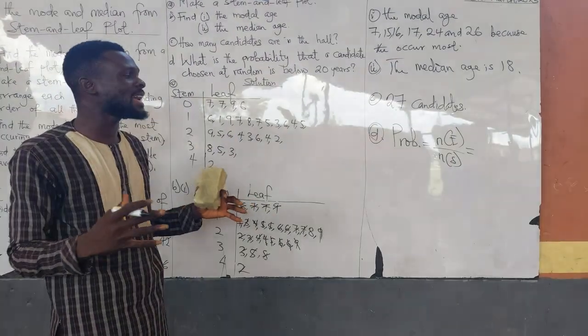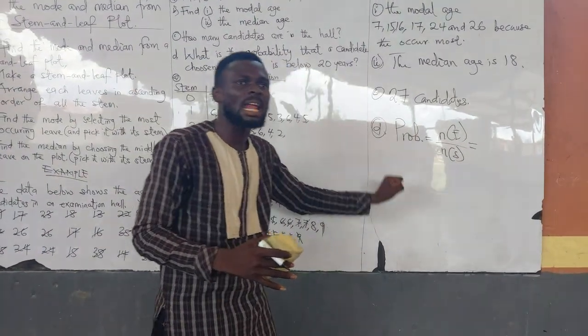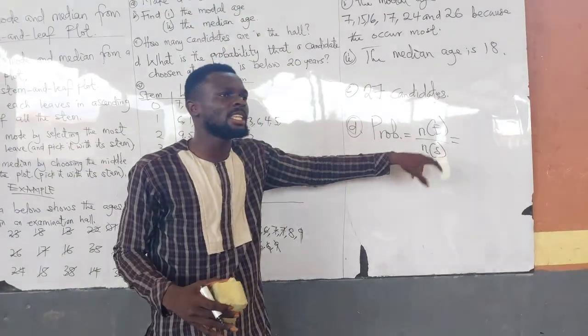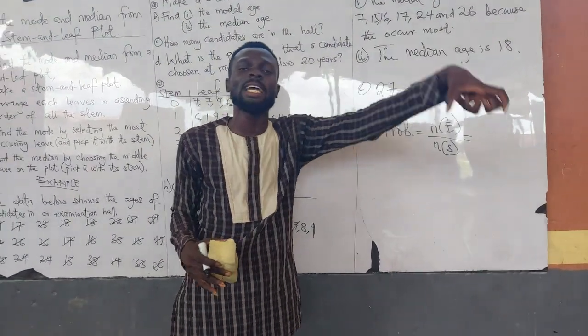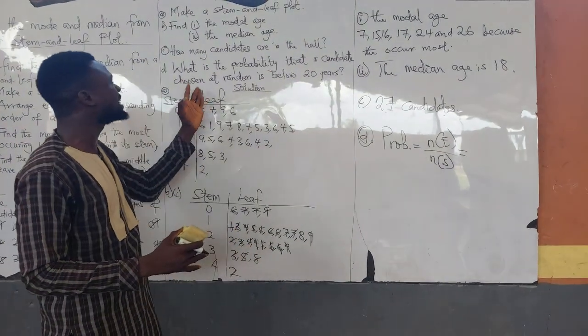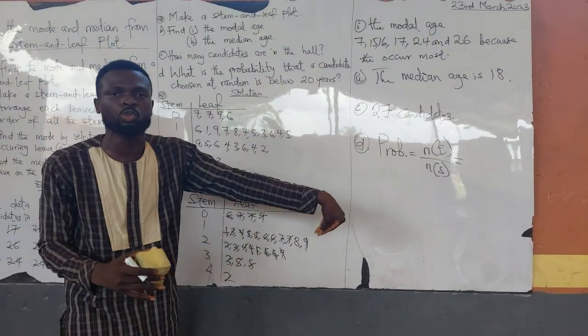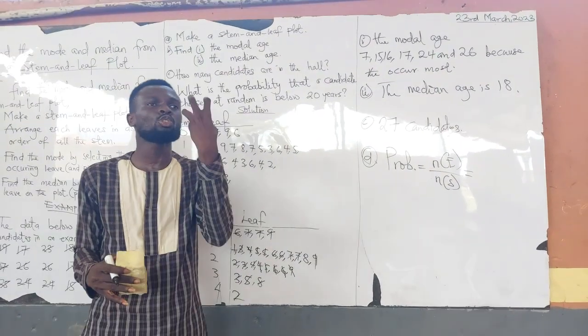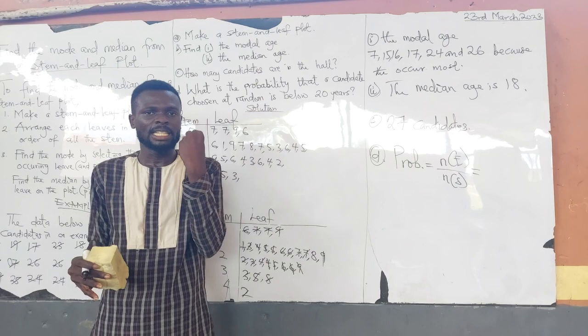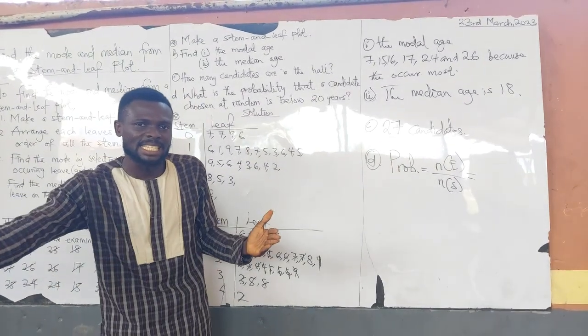The sample space is the total number of people they are talking about. And the event is what they have asked you to find the probability of. So let us know the number of candidates that are below 20 years, that is from 0 to 19.